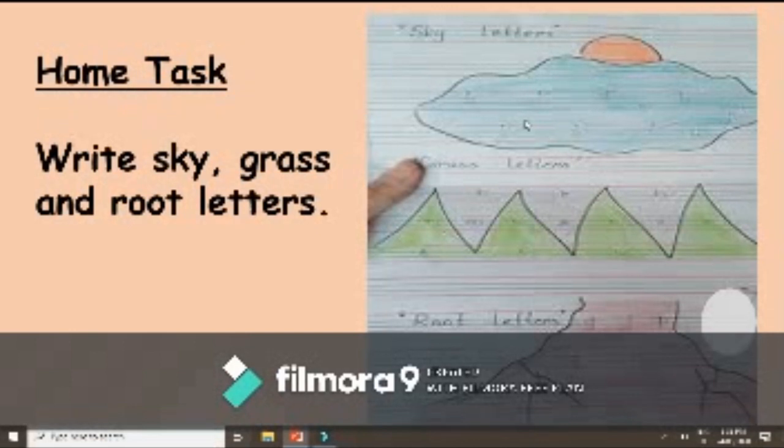You can draw a picture of a cloud, sky, and write the sky letters in that. And you can draw grass and write the letters in that grass. After that you can draw roots and write letters on that root.